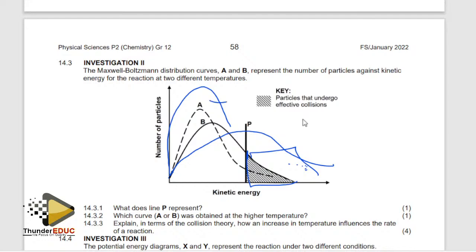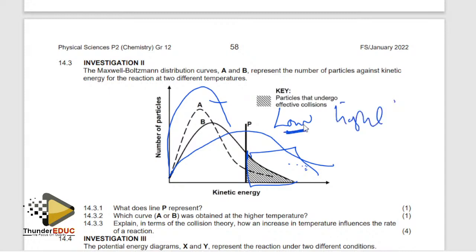For example, you have lower temperature and then high temperature. How is the high temperature going to affect the reaction?